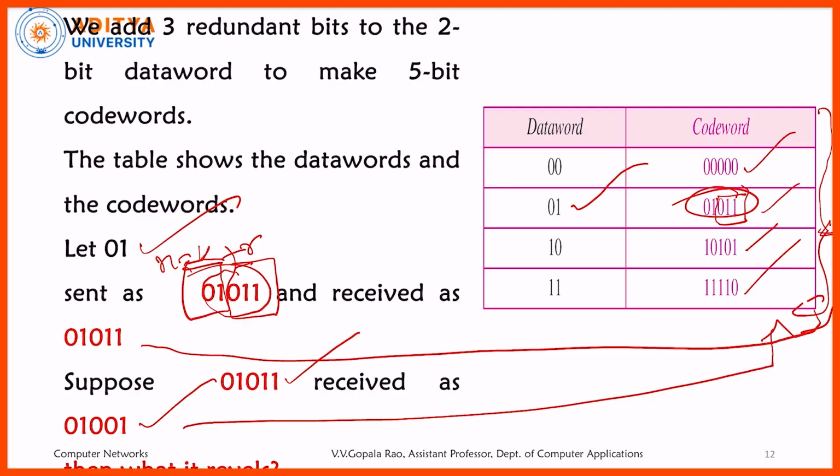Which position that 1 bit is in is another important thing to be considered here. Based on this procedure, you consider that 1 bit is corrupted. Suppose you match this 0 1 0 0 1 with the first code word, all zeros: only 3 zeros match, which means 2 bits are altered.